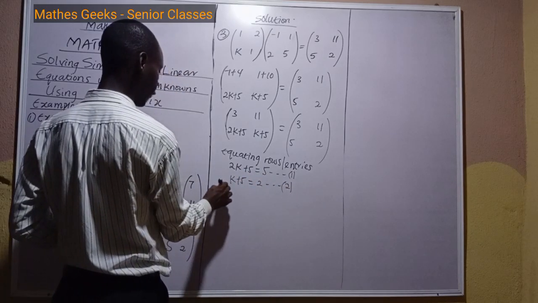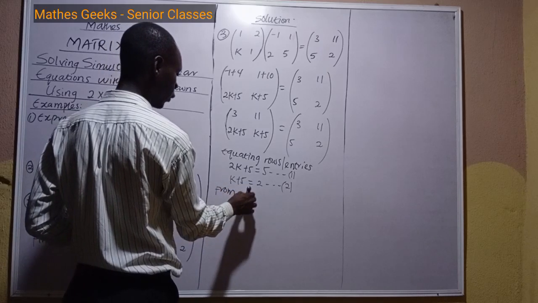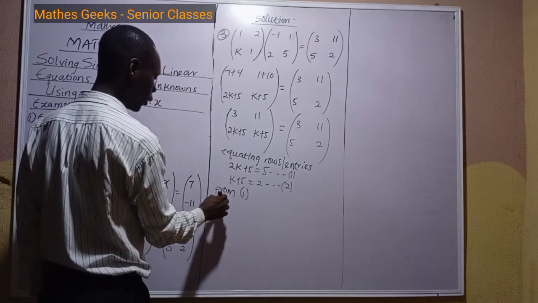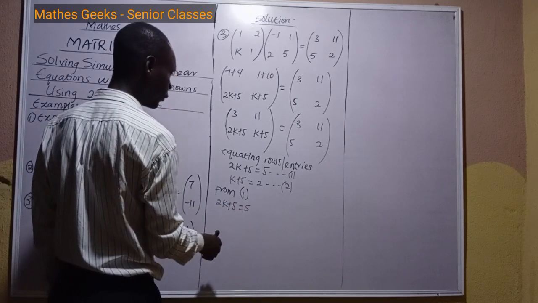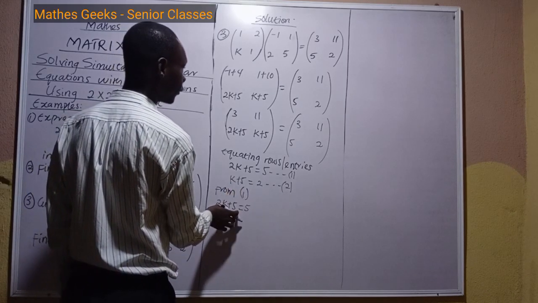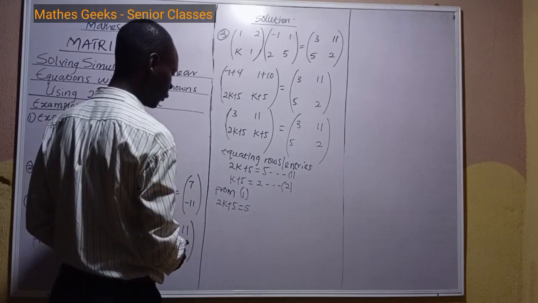From equation 1, minus k plus 2 is equal to 5.